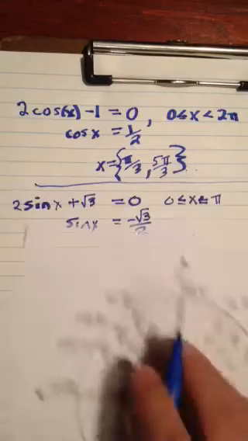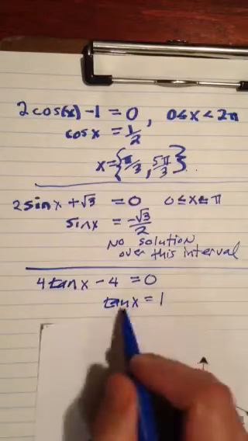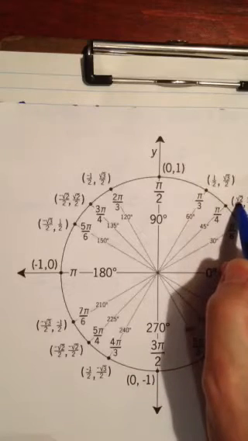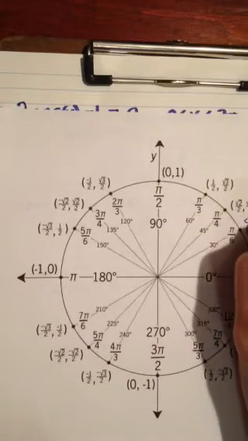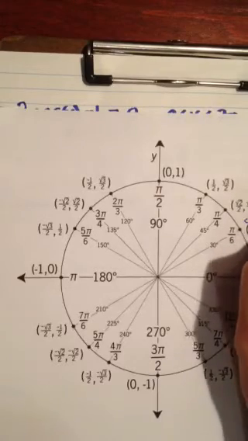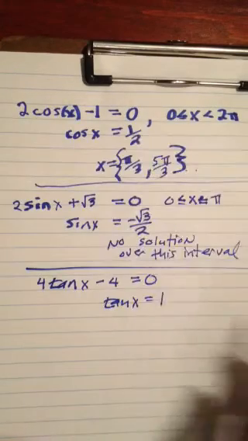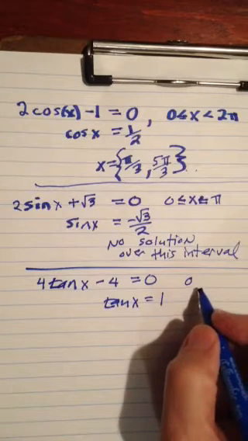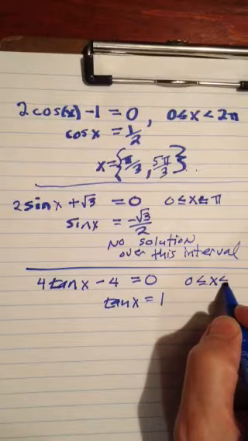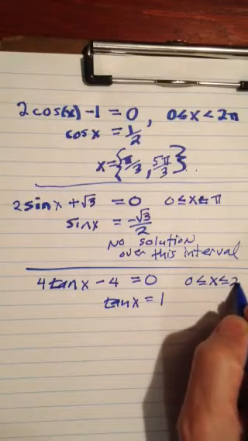But if you notice here, we're trying to get a value of 1, right? So where does tangent equal 1? When I take this divided by this, I get a tan value of 1 at pi fourths. Let's say the interval here is 0 to 2 pi. Let's go all the way around.